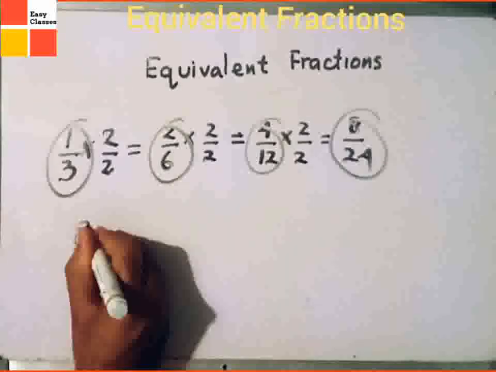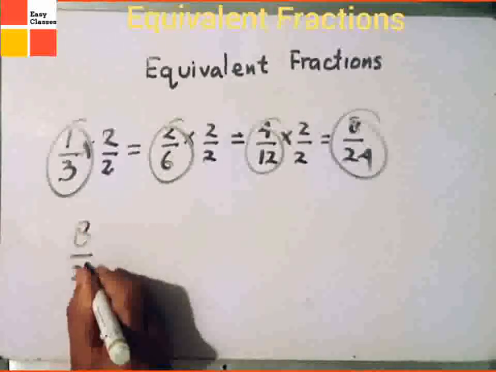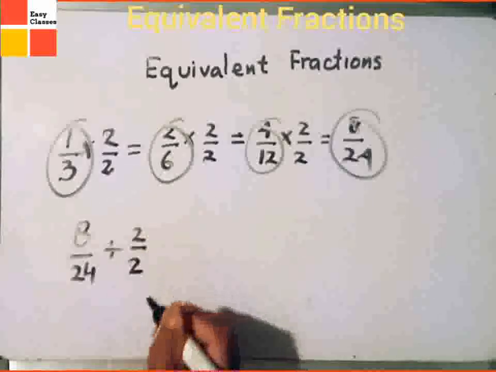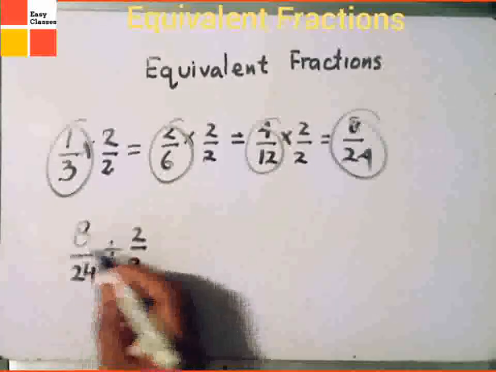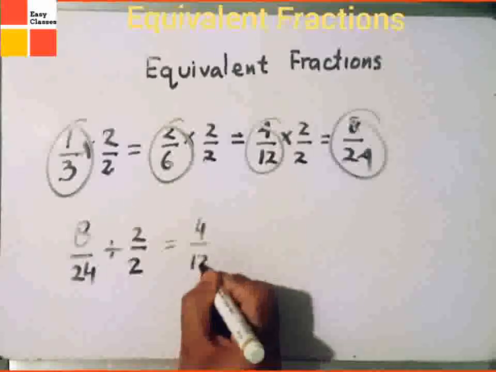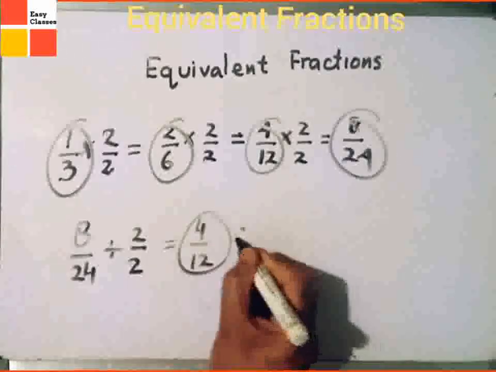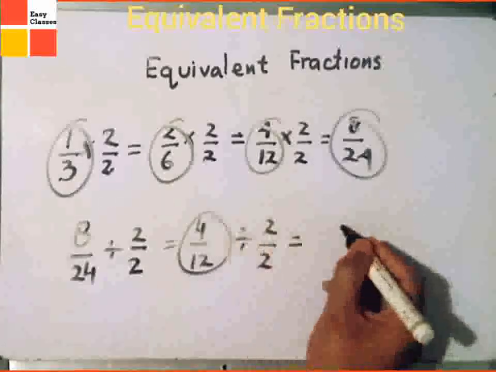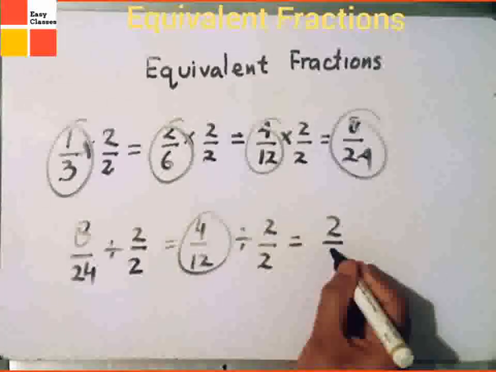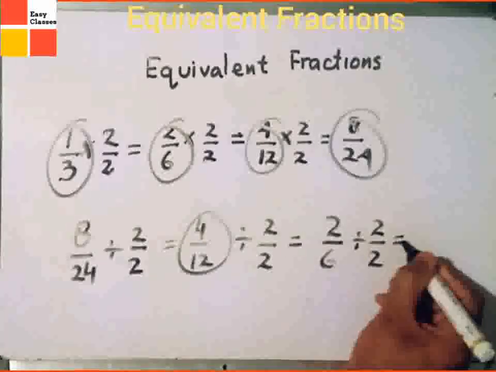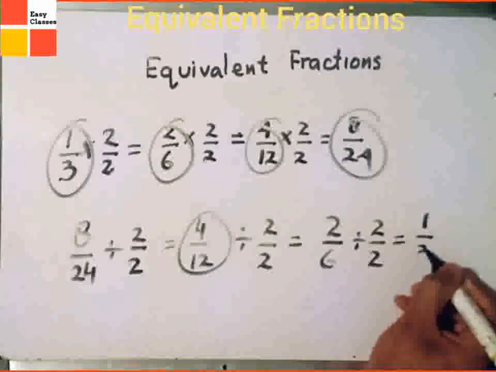Another way to get equivalent fractions is to divide. For example, if we divide the numerator and denominator of this fraction by 2, we get 8 and 24 becoming 4 and 12. Again dividing by 2, we get 2 and 6. If we again divide by 2, we get 1 and 3.